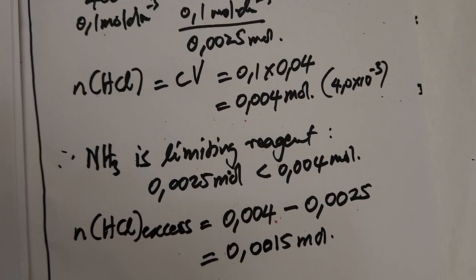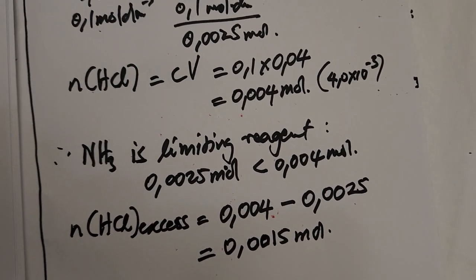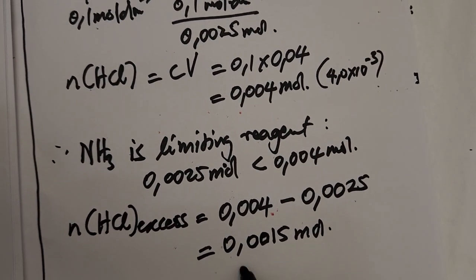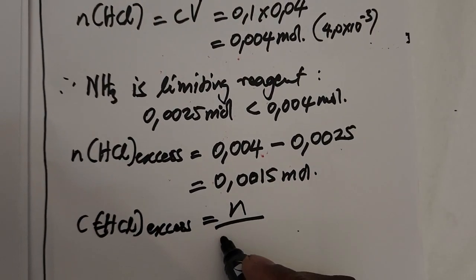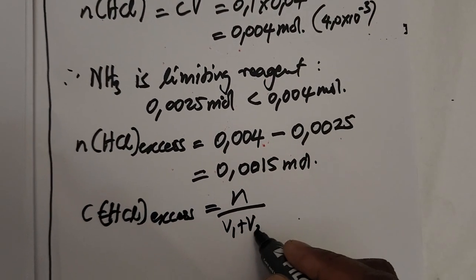Now HCl in excess. Be careful in this case, because now in this one the volume must be V1 plus V2.